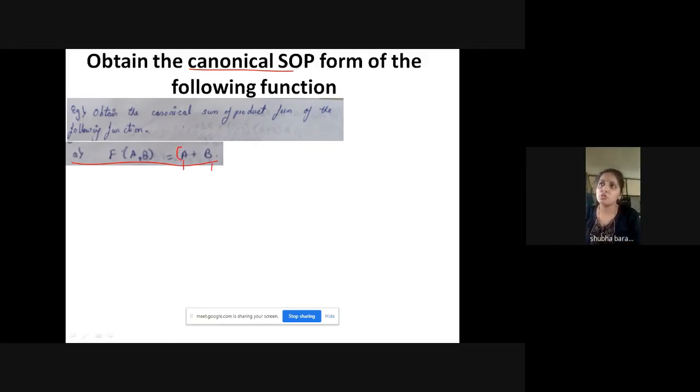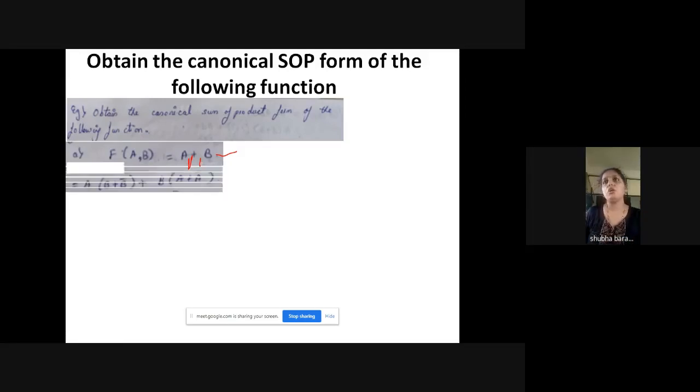So the first term should have b either in complemented or uncomplemented form, and the second term should have a either in complemented or uncomplemented form. Is that statement clear, Sanya? Yes, ma'am. To incorporate one more b here and one more a here, we take the help of Boolean algebra properties.